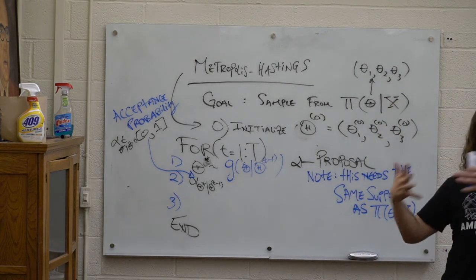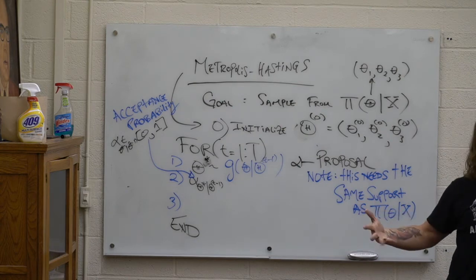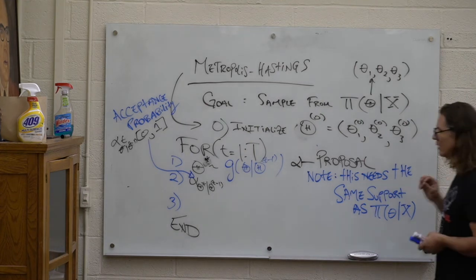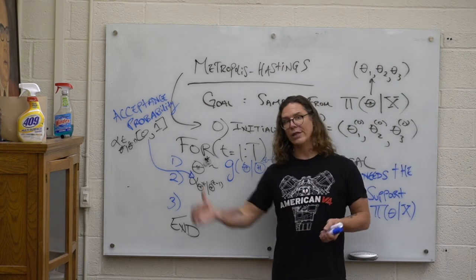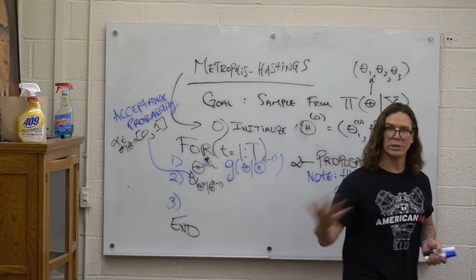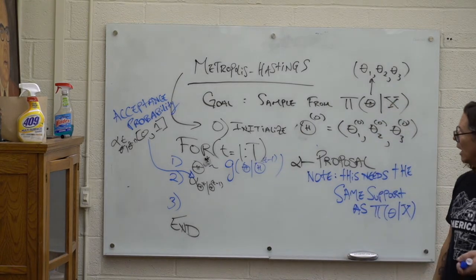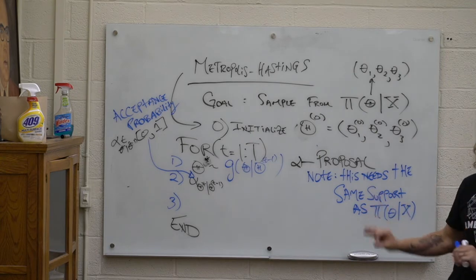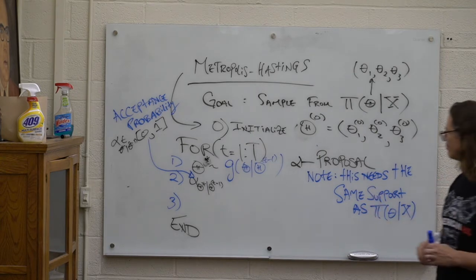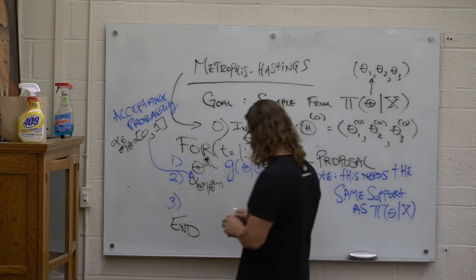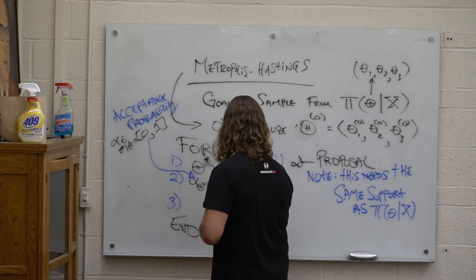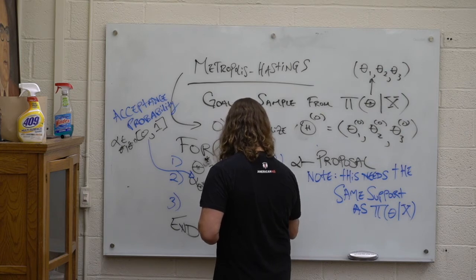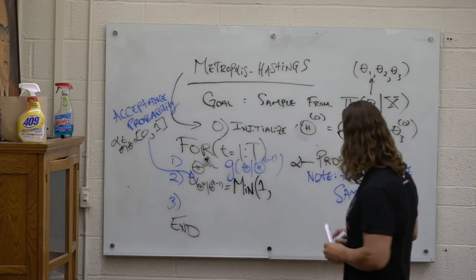This algorithm will converge to sampling from the correct distribution. Now the magic part is getting the coin, these coin flips, basically Bernoulli draws, to have the rule such that this converges to the right distribution. So here's the magic rule. This is going to be the minimum of 1 and something else.